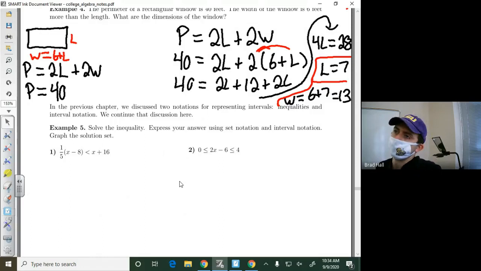So primarily, inequalities and interval notation are both used to represent intervals. They both have their own versatility. Inequalities could be used to algebraically manipulate and move stuff around because there's variables, as you can see in the setup for 1 and 2.